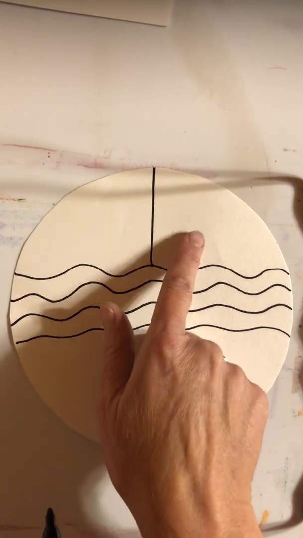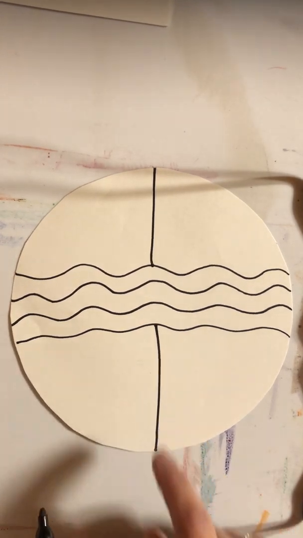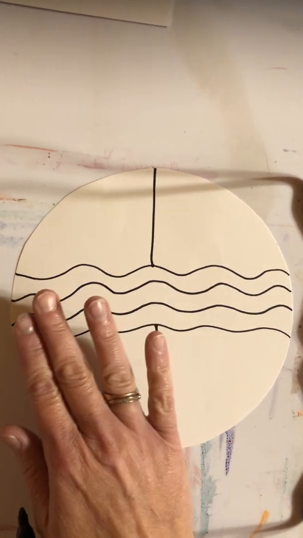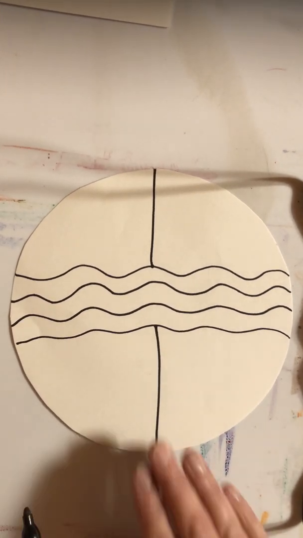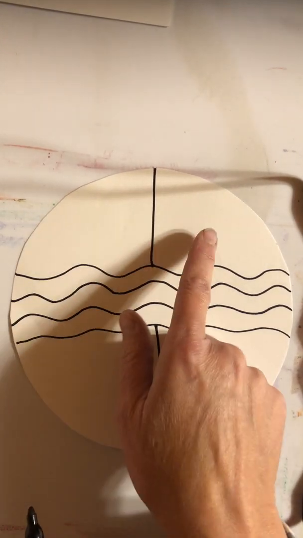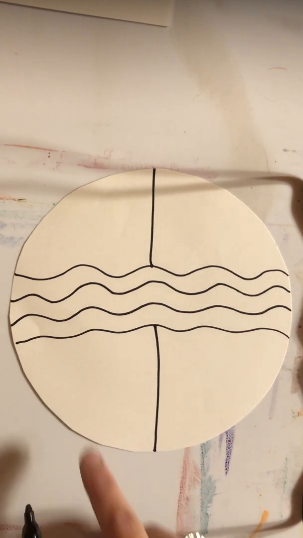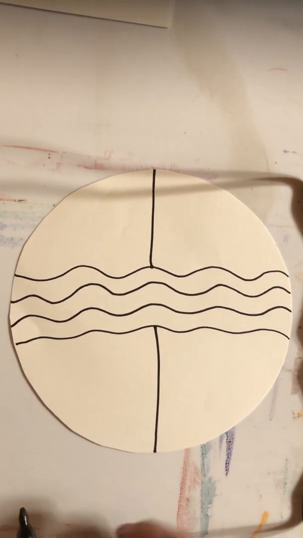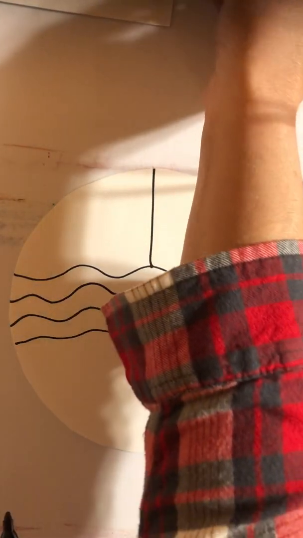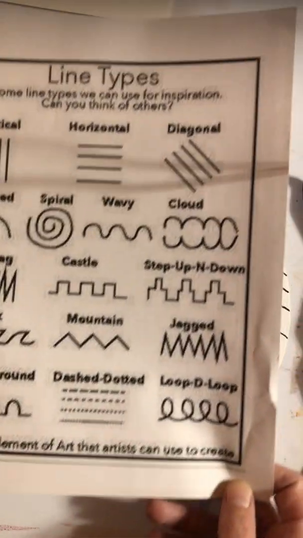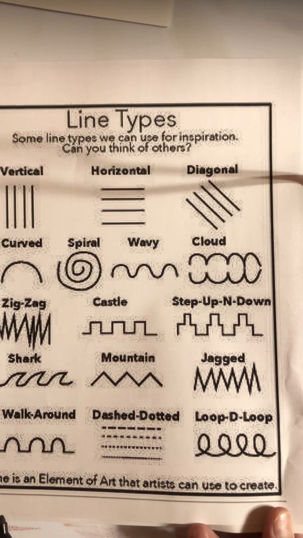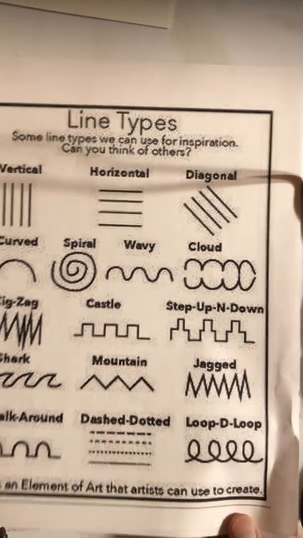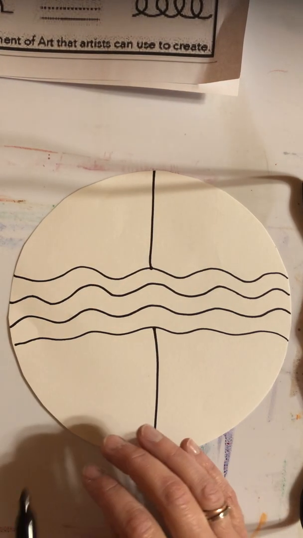We have 1, 2, 3, 4 spaces behind our wavy lines. Your job is going to be to fill in these 4 spaces with different kinds of lines. So you can take another look at this paper on your tables so that you can get some inspiration on what kind of lines you want to put in your 4 spaces.